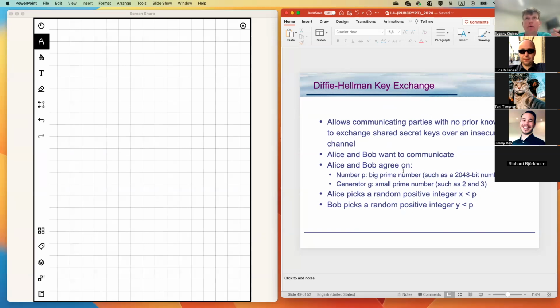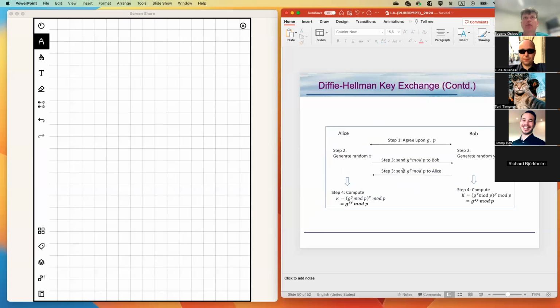For this purpose, maybe I can switch directly to this diagram over here. So you need to agree upon two numbers. P, a large prime number, on the order of more than 2000 bits. So it's a huge number.